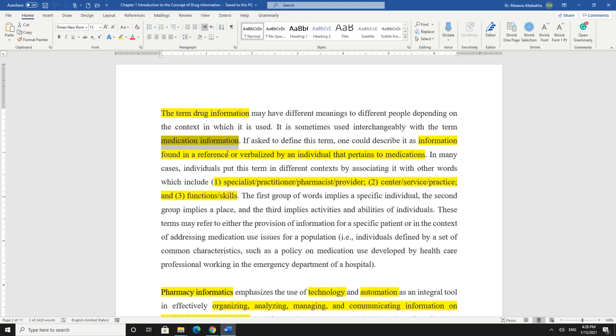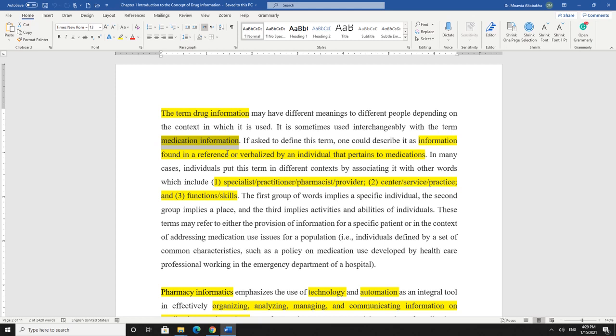So what do we mean by medication information or drug information? It's information. Now you need to memorize this. It's information that is either found in a reference, meaning a textbook, journal, etc., or a computer database, okay, it's found there, or it's verbalized, meaning someone like me is talking to an individual about the medication.